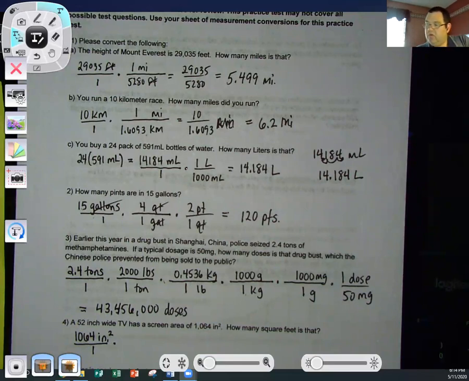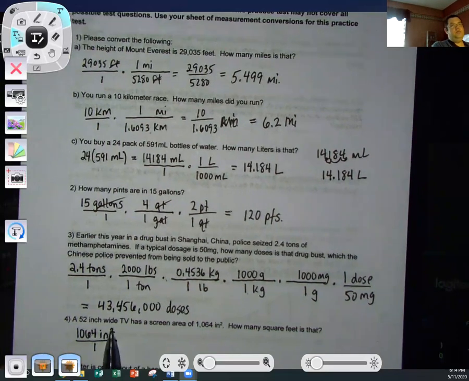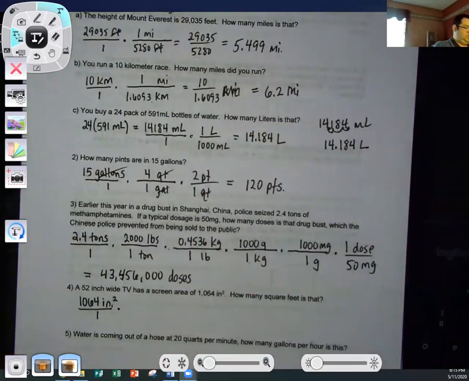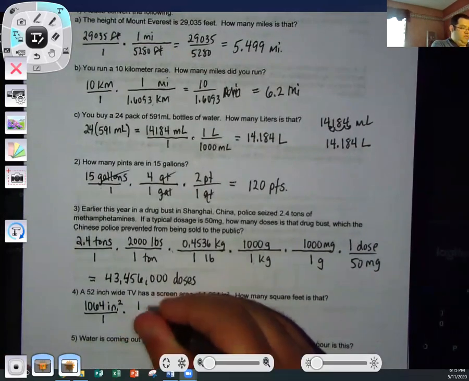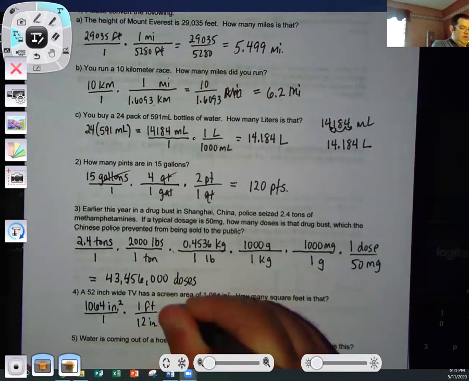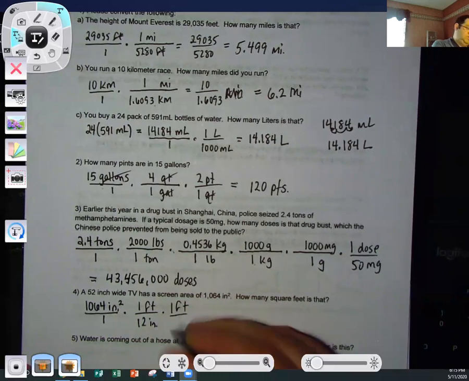So we know that to approach this, I've got to do the inch to foot conversion twice because it's square inches. So we know that 1 foot is 12 inches, and we're going to multiply by that conversion twice.